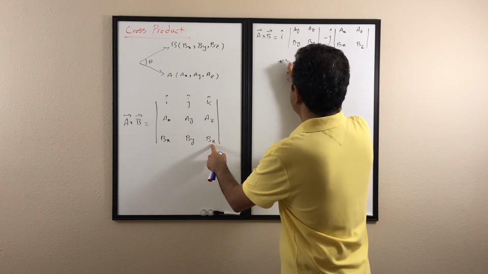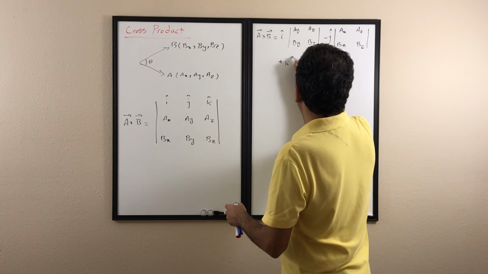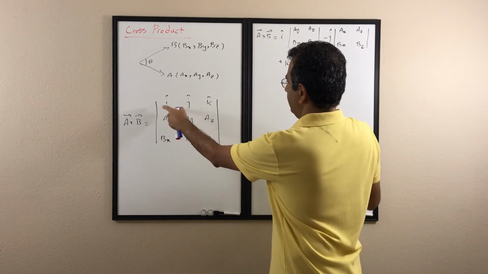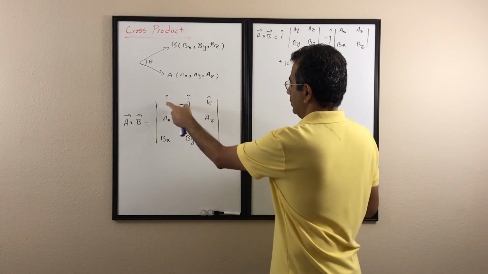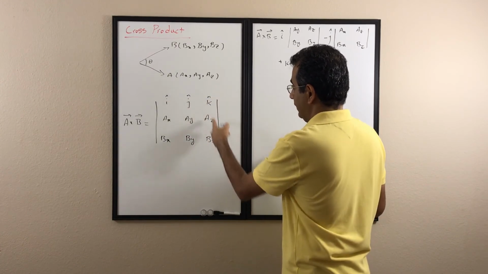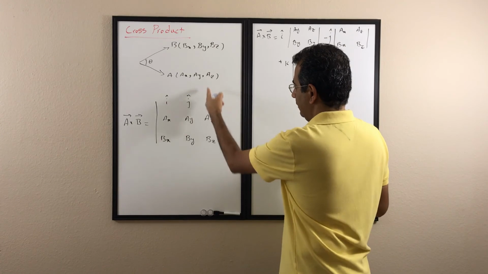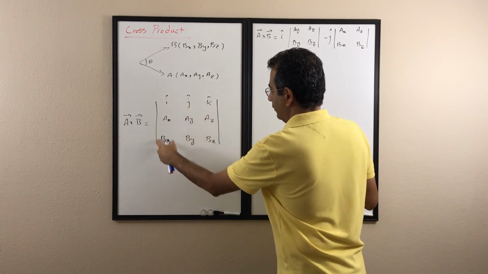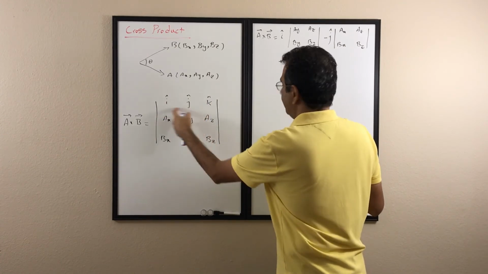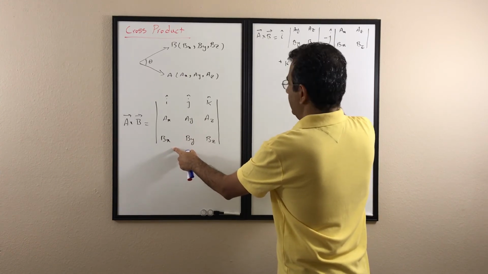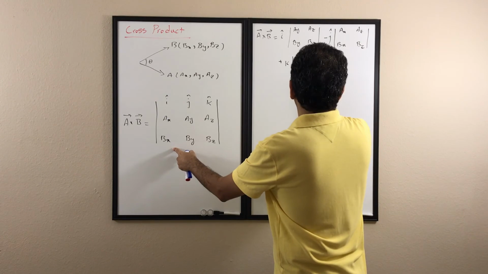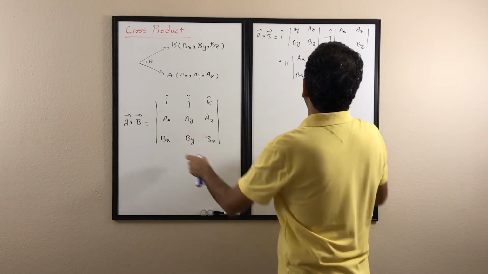Then it's going to be positive K, and again eliminate the row and the column that K is in. So the first row and the last column, just eliminate those and write whatever remains, which is AX, AY, BX, BY.